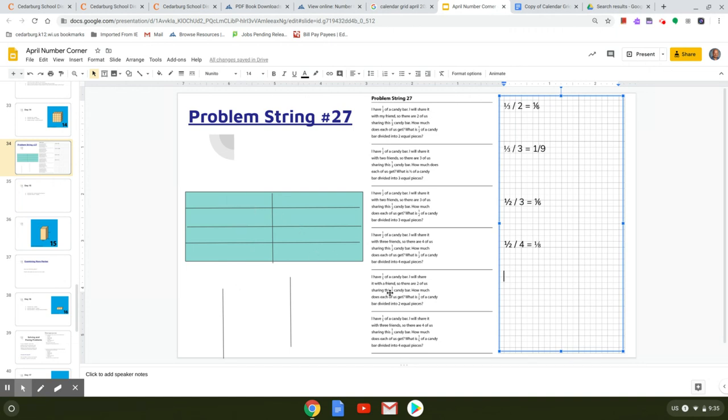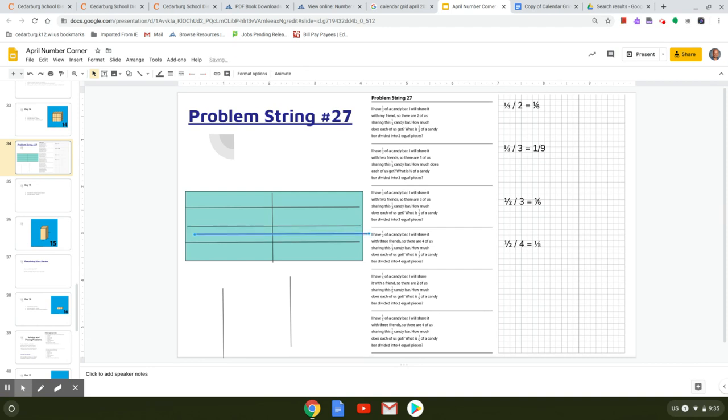All right, so then it says I have 1/5 of a candy bar, and I want to share it with one friend. 1/5 of a candy bar. So I think it's just easier for me to copy this one and then make another one, and I will just add. There you go. So now I've cut my candy bars into fifths.